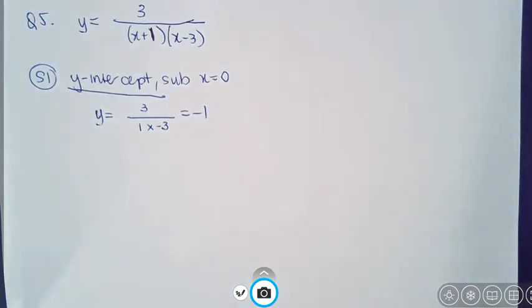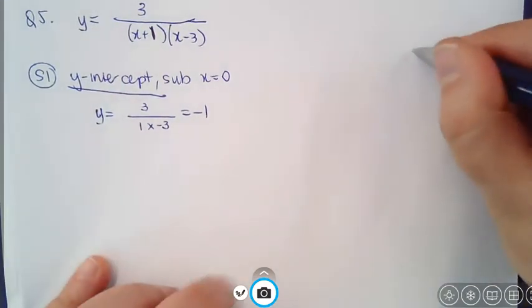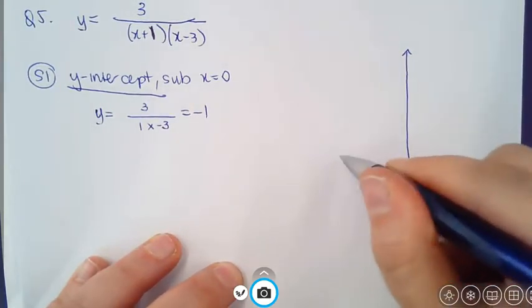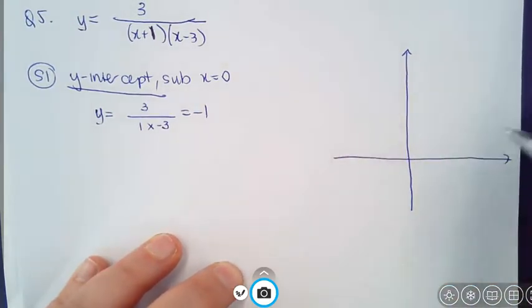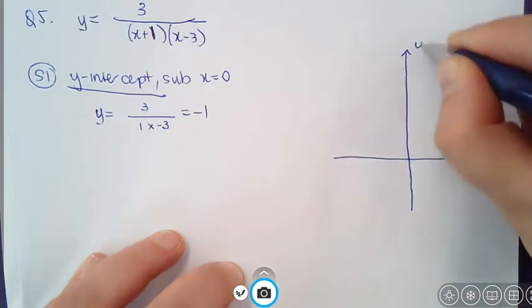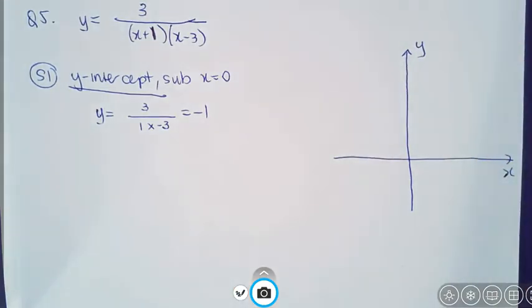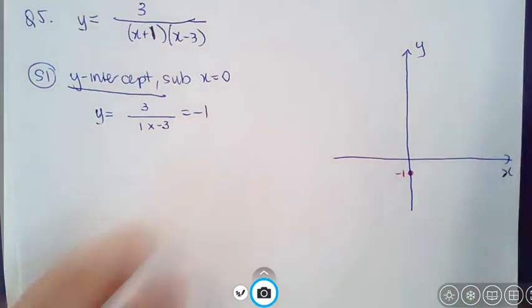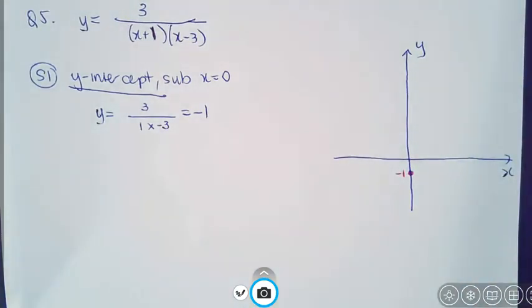All right, if you want, you can start your sketch as soon as you start getting information, right? So what do I know so far? That my y-intercept is -1. So if you want, you can start your sketch straight away. It might help you.